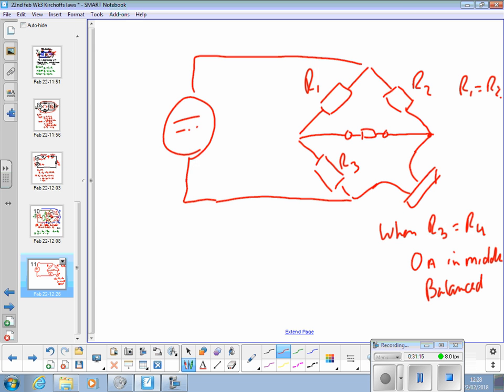So a variable resistor, draw a variable resistor symbol. So that's a strain gauge. Or maybe an RTD to measure temperature. RTD is a temperature sensing device that changes resistance with temperature.